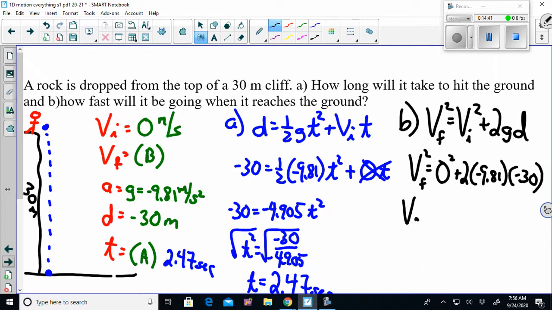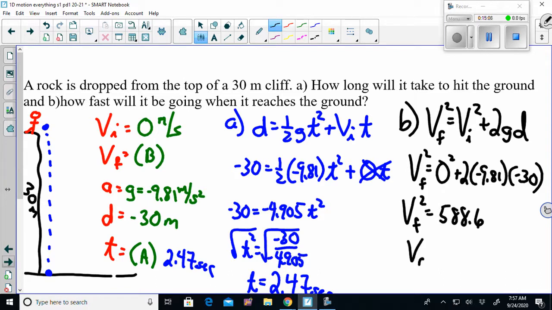So Vf squared equals a little bit less than 300, right? No, a little bit less than 600. So let's see. 2 times 9.81 times 30, 588.6.